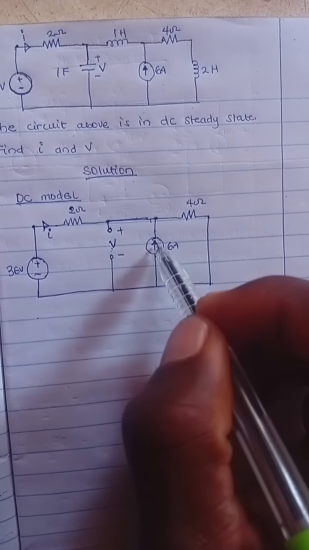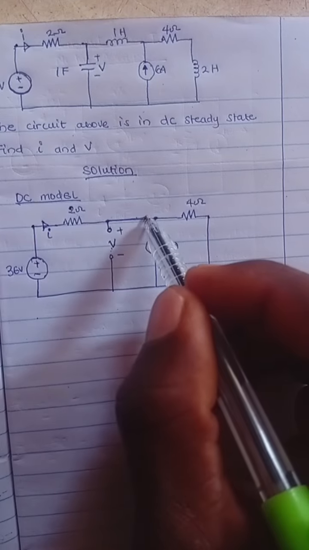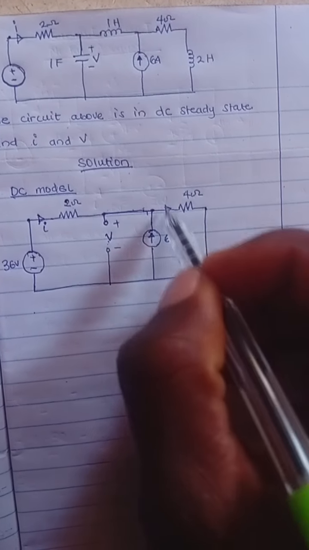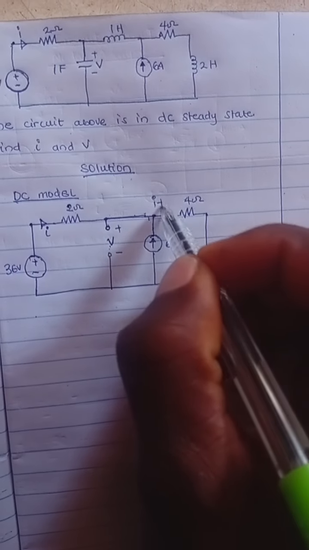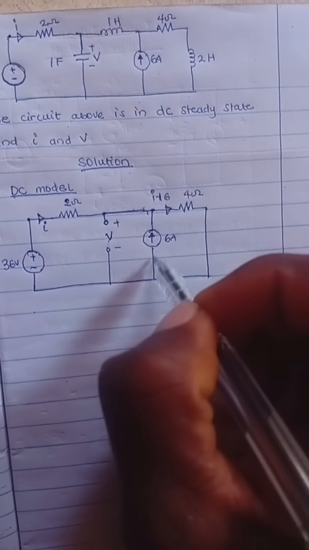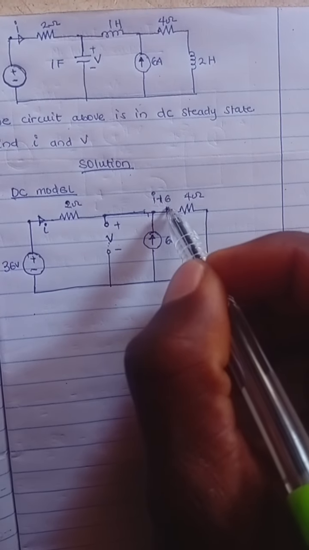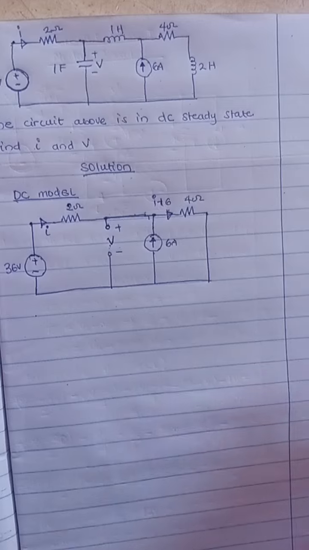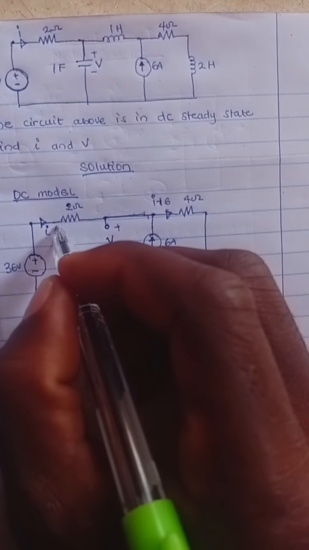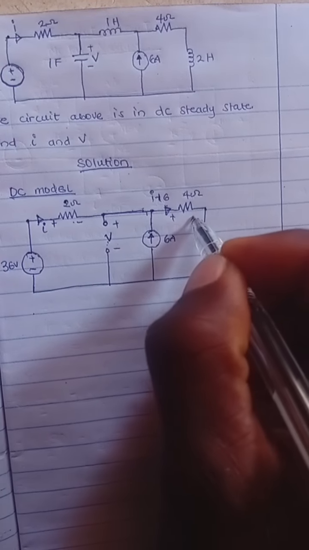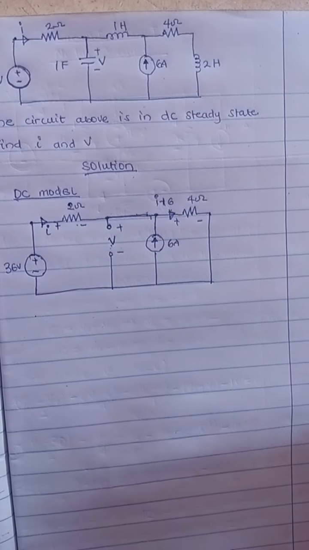When they meet, the 6 ampere plus the I coming this way join, and the current flowing here will be I plus 6 ampere. That will be the current into this 4 ohm resistor. And remember, we have to put polarities, positive and negative, the way we normally assign them.